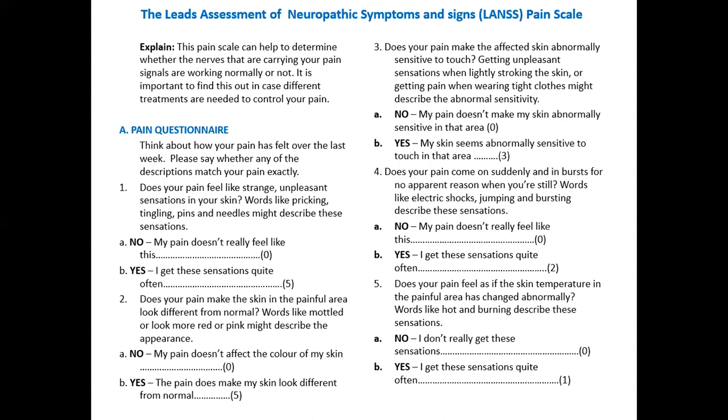Number 3 is, does your pain make the affected skin abnormally sensitive to touch? Like when your clothes come into contact with your skin, is there a changed sensation? Do you wear tight clothes or your normal clothes? And the patient will tell you, no, now I have to wear baggy clothes.